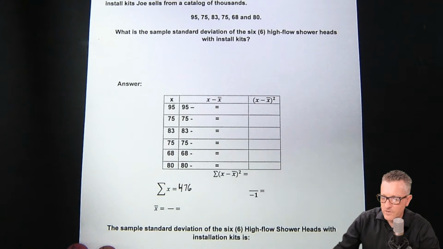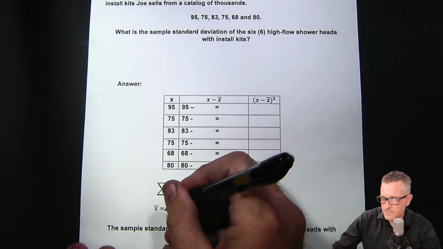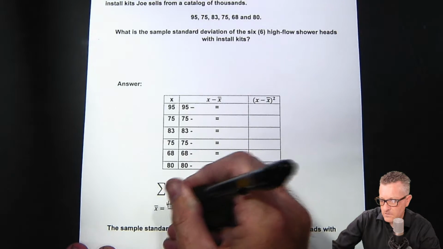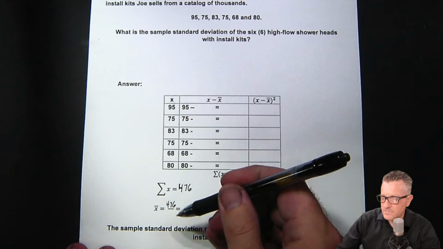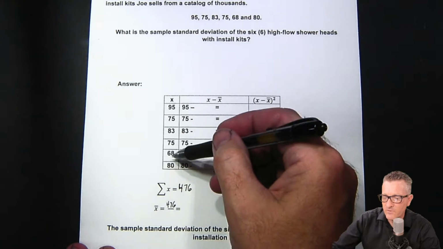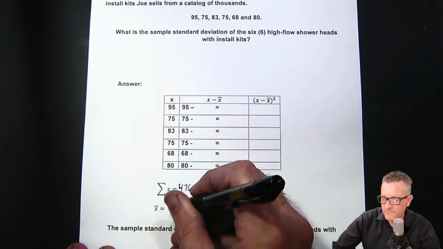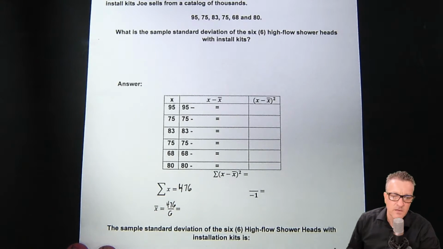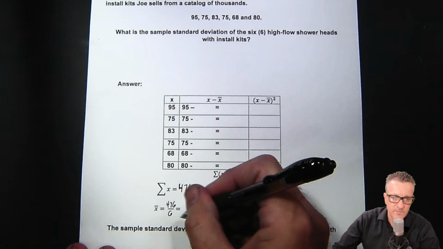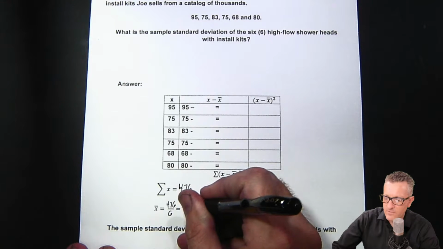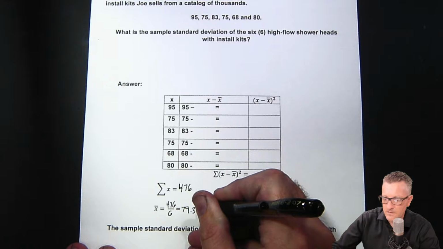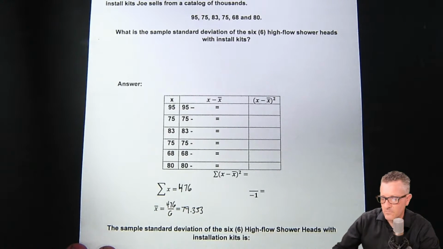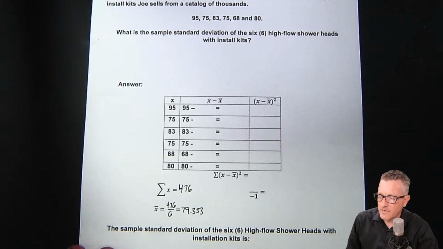Okay, 476. And then to get this mean, we divide it by the number of observations. So we have 6 observations. Okay, and when we divide this, we end up with our mean for this sample of 79.333. We could go on further, but about 79.33 and a third.